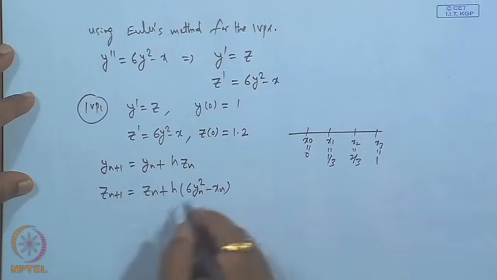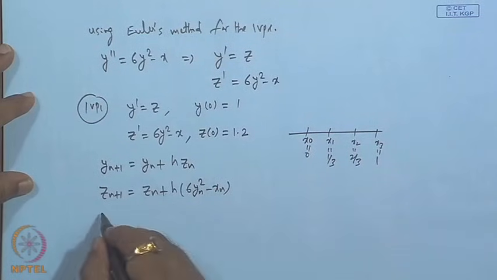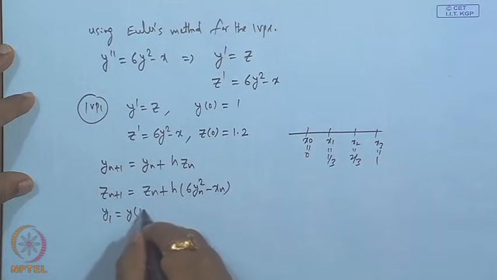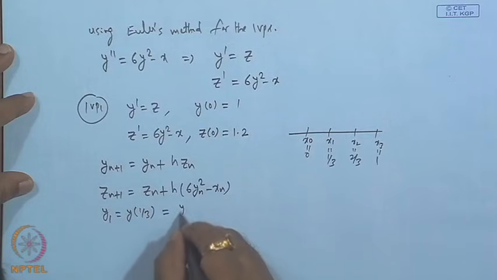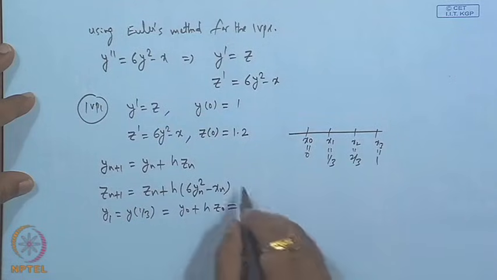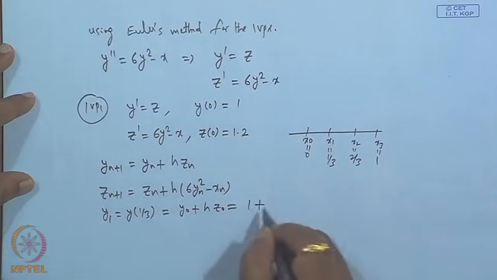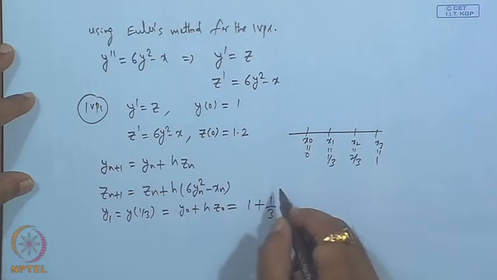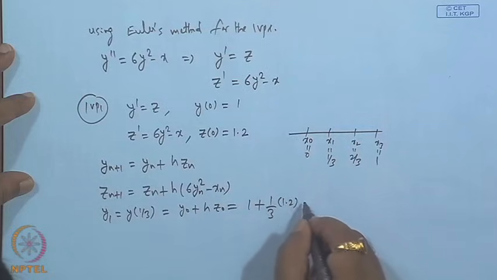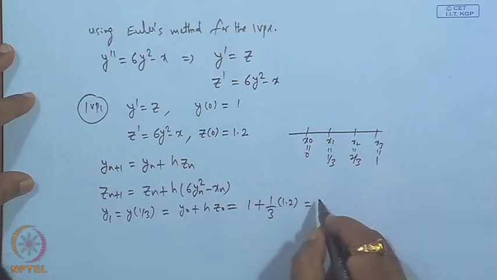Now using this, let us compute y 1, which is y of 1/3. So, y 0 is 1 and z 0 is 1.2. So, y 1 will be 1.4.